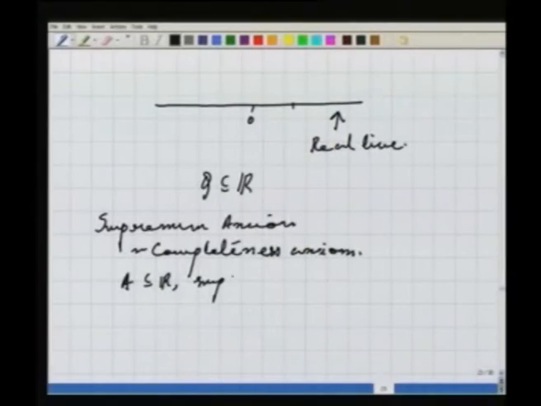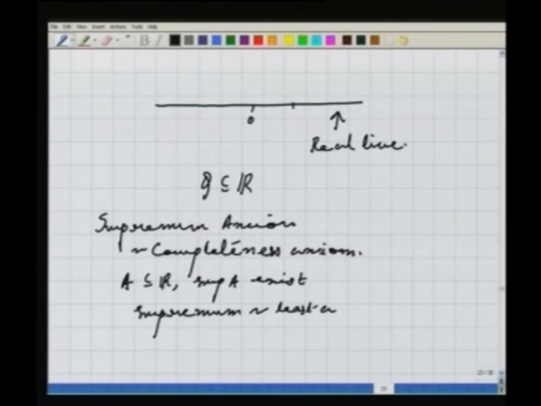As you already know now, if you take any non-empty subset A of the real line, then A has a supremum, and supremum means the least among the upper bounds of the set A.